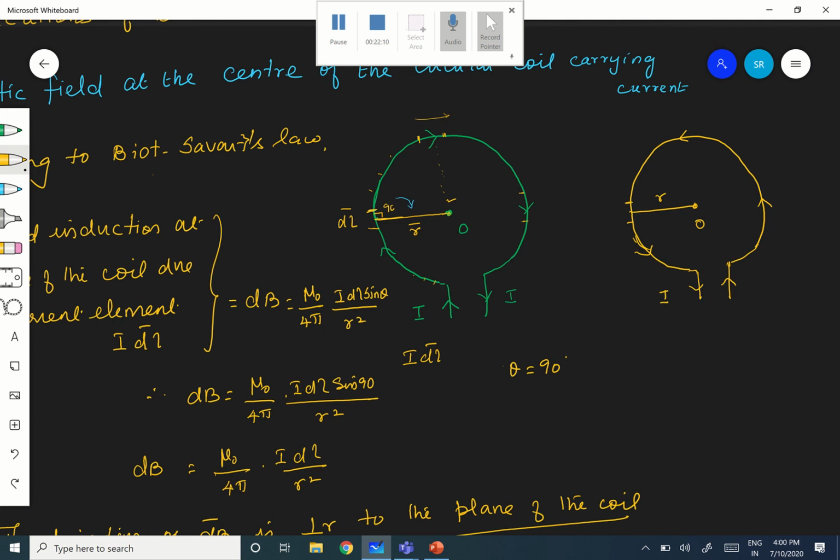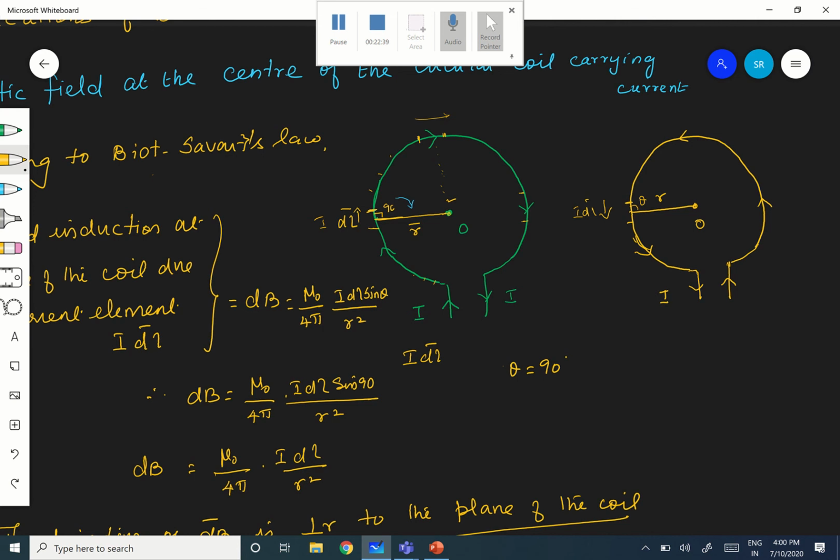What you have to apply is the right hand rule, that's all. Here the dL direction is in this direction. Here it is upward, and here it is downward. This is theta. Is it clear?